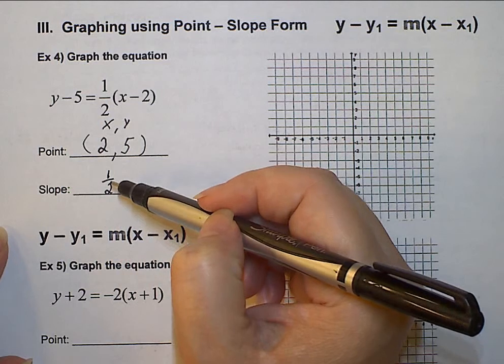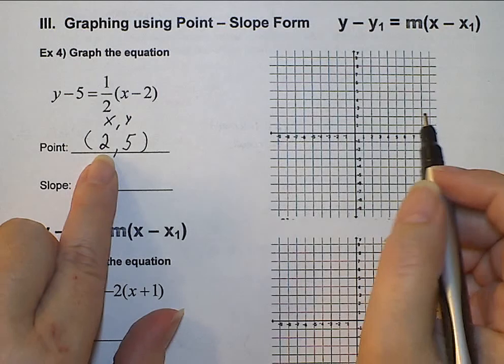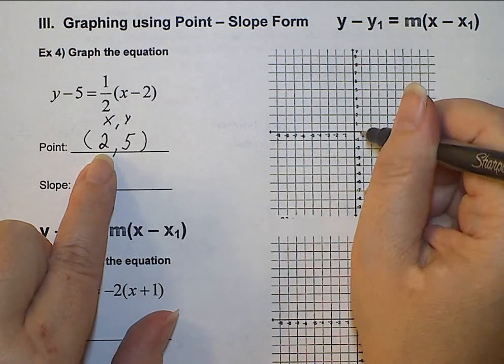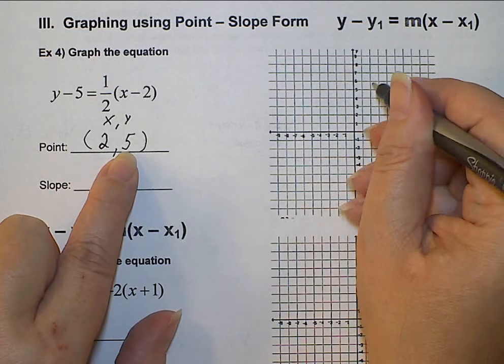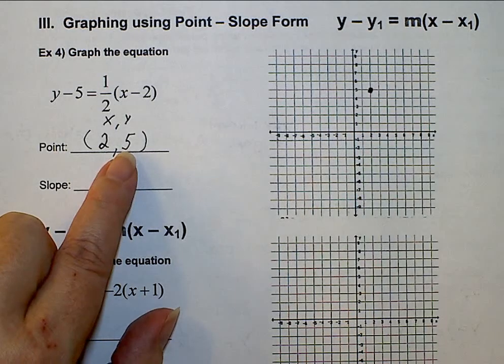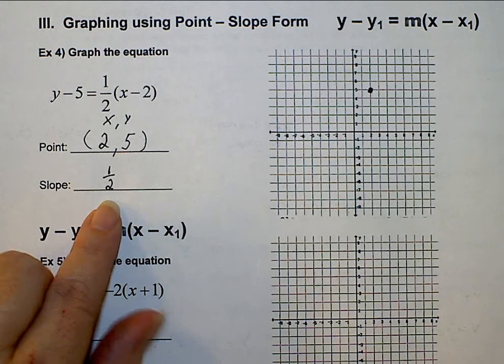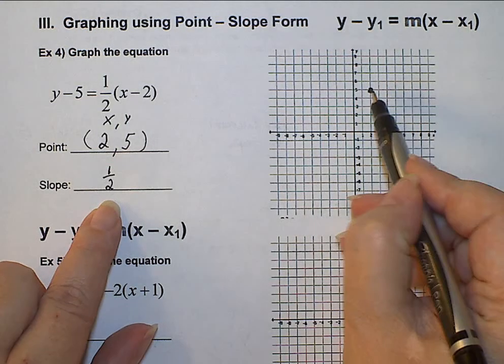Now, remember that all points on a line have the same slope to get to the next one. Slopes are the same on the same line. So what you do is you go to this point. How do I plot this point? I go right 2, up 5. 1, 2, 3, 4, 5. That's my 2, 5 point. My slope is 1/2. From this point, how do I do a half?